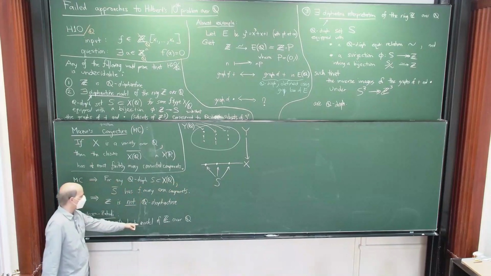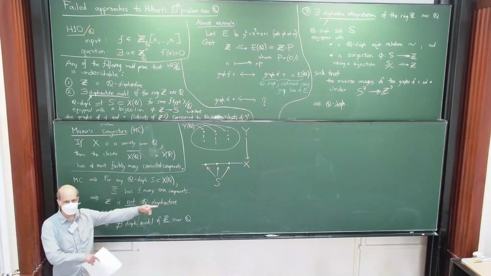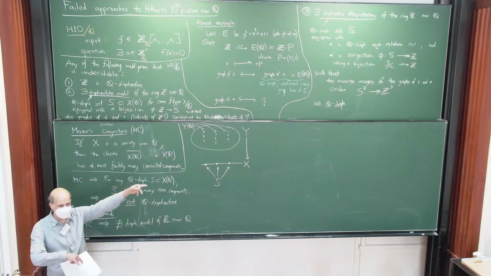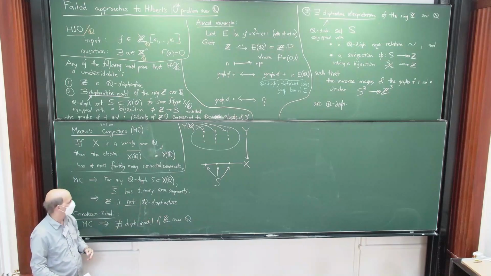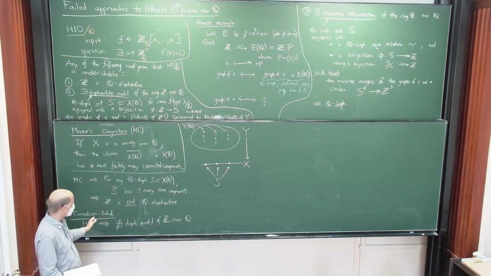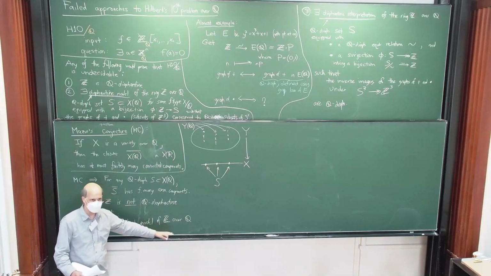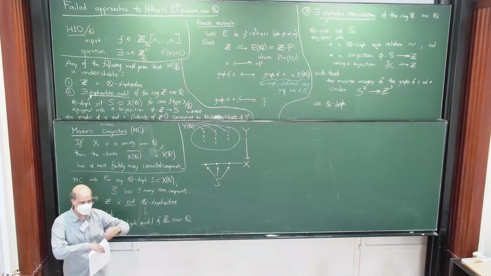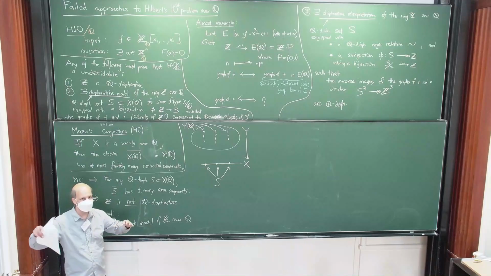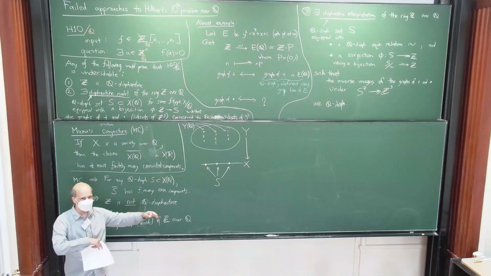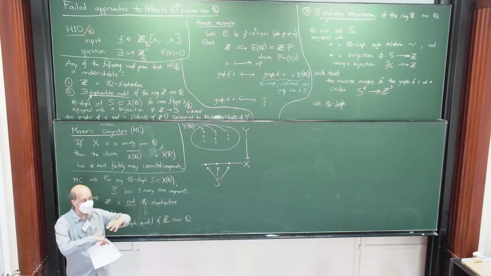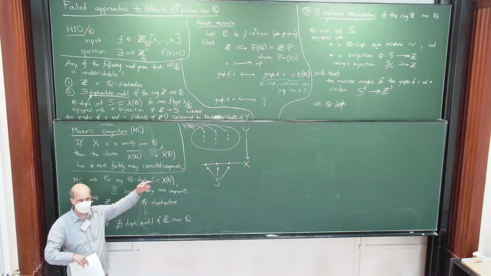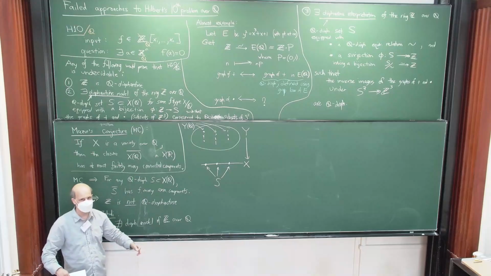Because the Diophantine model doesn't have to be discrete. It could be some weird subset that just happens to be in bijection. But the way the proof goes is that if you have this Diophantine model, so that means you can define this copy of Z inside Q, you can then use the Matiyasevich result to just show that every listable subset of that copy of Z is also Diophantine.